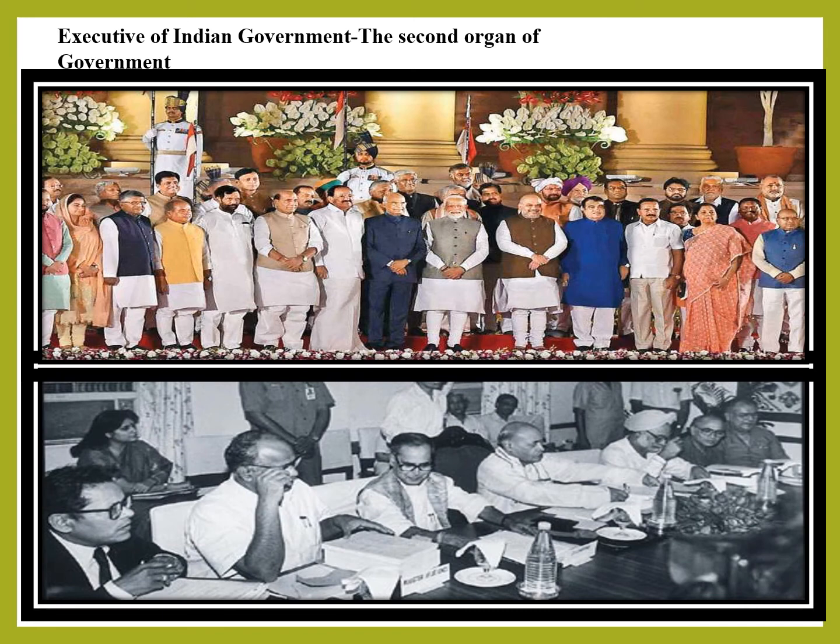You can see the executive of the Indian government. On the top, you can see the current cabinet of the Union government. Below, you see the cabinet of P.V. Narasimha Rao. His government ruled over India for a period of 5 years starting from 1991.